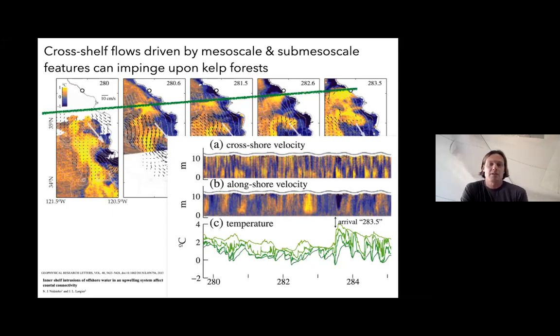And we see a rapid increase in temperature, on the order of 2 to 3 degrees, associated with the arrival of this warm water from offshore. These same processes, this submesoscale dynamics bringing water into the kelp forest, definitely occur in the Santa Barbara Channel kelp forest as well.